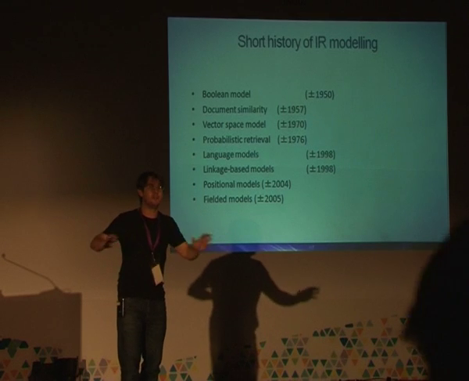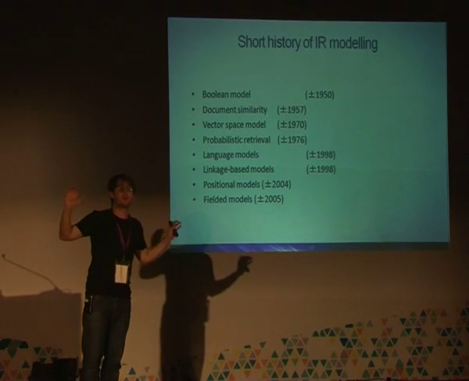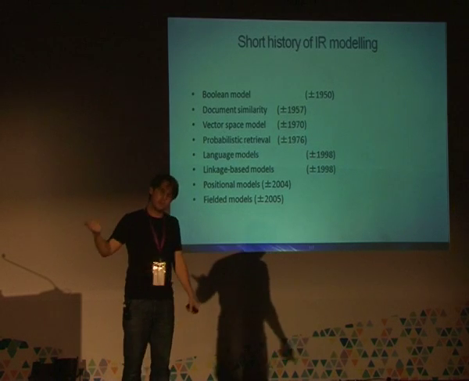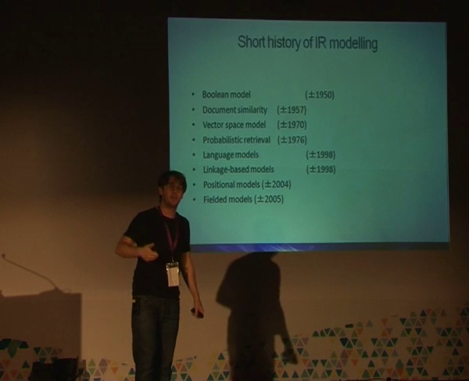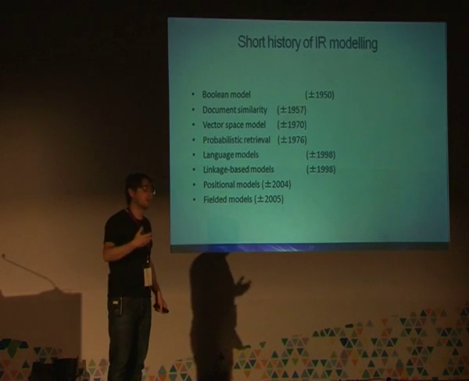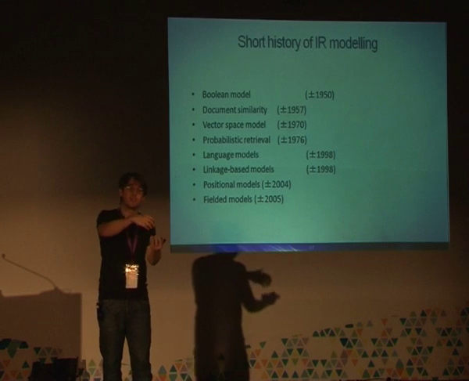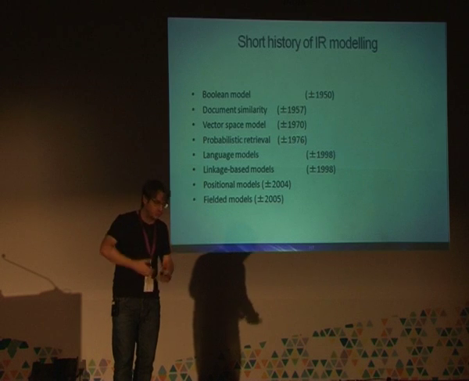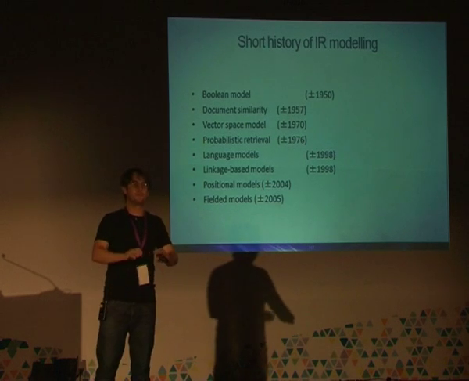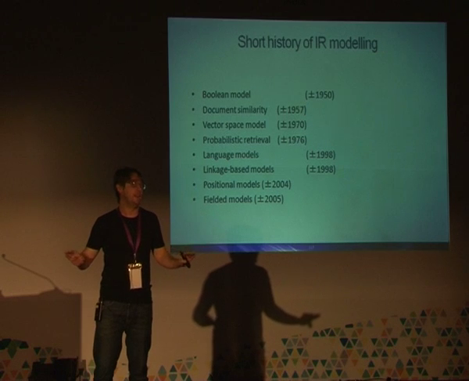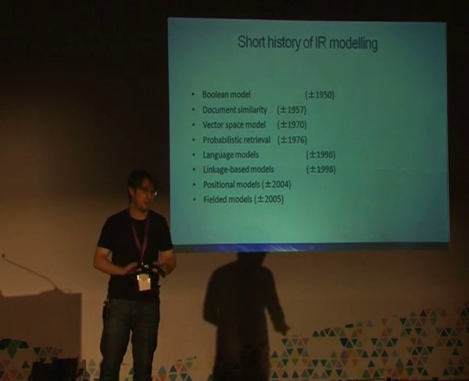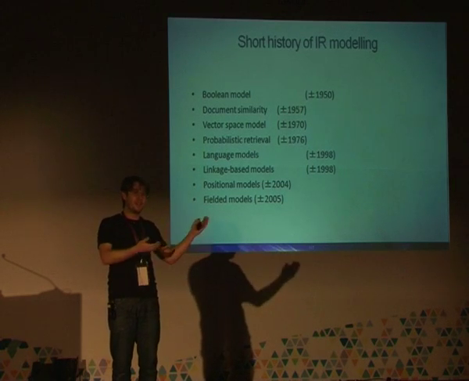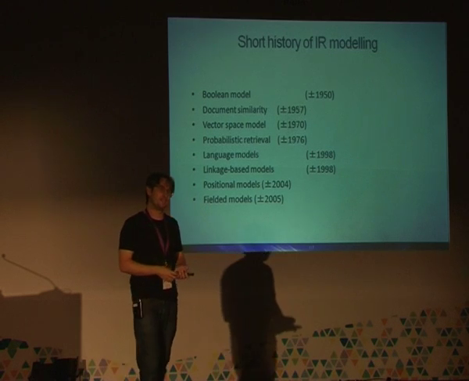But as a takeaway, if you want to leave now: the things that are important for retrieval modeling are term frequency, which is the number of times the term occurs in the document; document frequency, which is the number of documents in the collection that contain this term; and document length, which is the number of terms in the document. And that's it until 1998 or 2000 or even further. Just these three ingredients. You mix them together and you get all this information retrieval stuff.